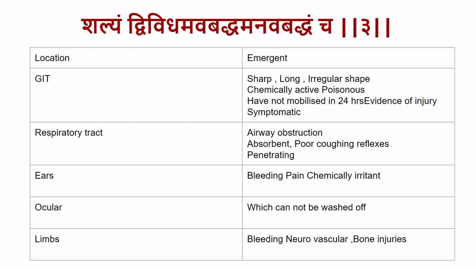Examples of the emergent in case of the GIT: a sharp or irregular shape, chemically active or poisonous, or not mobilized in 24 hours. I think I referred to this in the previous session too. If there is a foreign body in the GIT and it has not moved in 24 hours, or if there is obvious evidence of injury, or a significant symptom of obstruction, or in respiratory conditions if there is an airway obstruction, or if it is an absorbent.